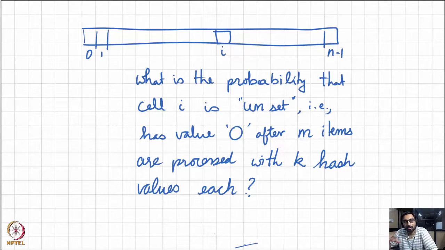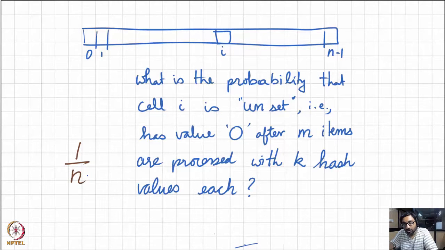None of the hash values so far have mapped any of the items to that particular cell. What is the probability of that after m items are processed and each item has been processed with k hash functions? Well, each of the hash functions will take us to that cell with probability 1 over n.